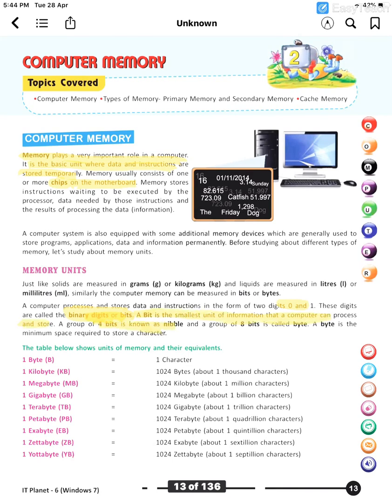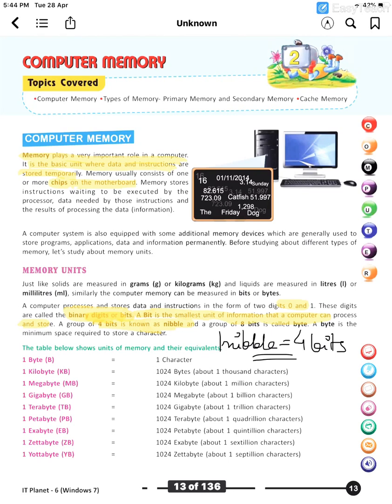A group of 4 bits is known as a nibble. So what is 1 nibble? 1 nibble is equal to 4 bits, remember it. Okay.